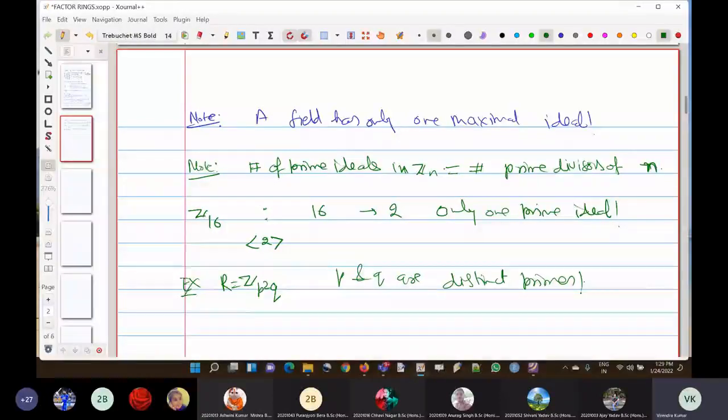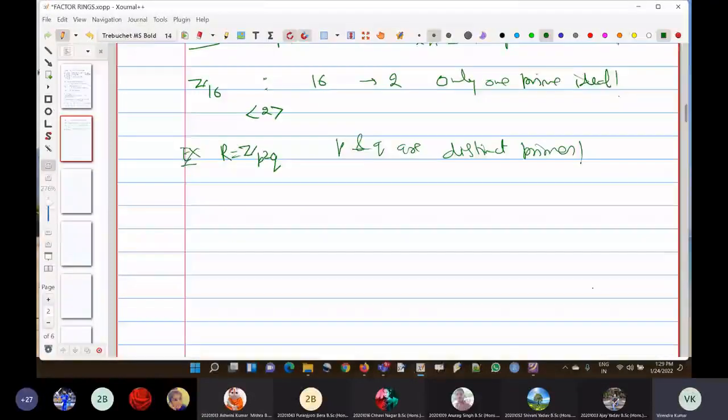Earlier also when I took P square Q, it meant that P and Q were distinct primes. So the prime divisors of these are P and Q. R has 2 prime ideals. And namely, what are they? P and Q.